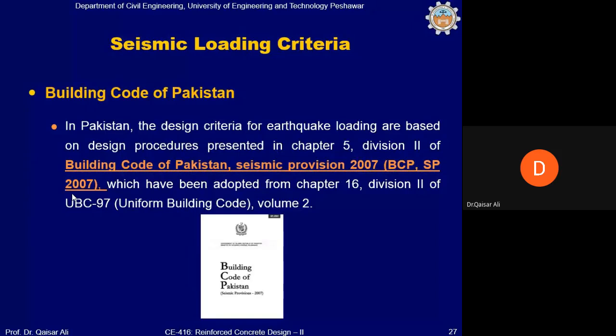They would require a lot of time and effort to develop, and for this reason, IBC in its current form cannot be directly used in Pakistan, and we have to use the Building Code of Pakistan or Uniform Building Code UBC 97 for our structures against earthquake forces.